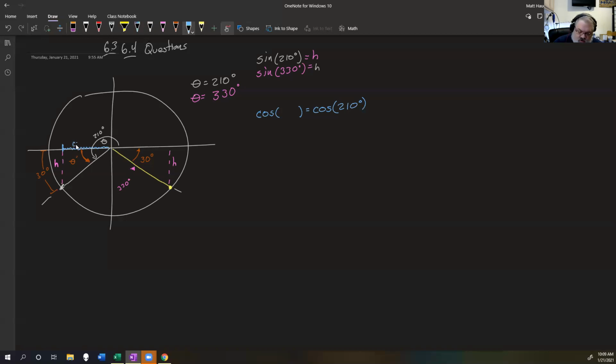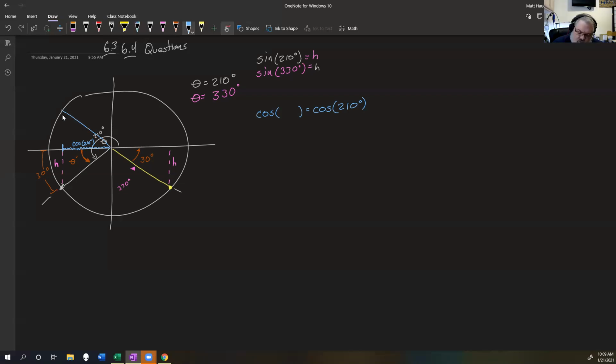So that's our cosine of 210 degrees, that blue length. And that blue length is going to be negative. So the cosine in quadrant 3 is negative. So what other quadrant must we look for the angle we wanted? What other quadrant is cosine negative in? 2. Yeah, it's negative up in 2.